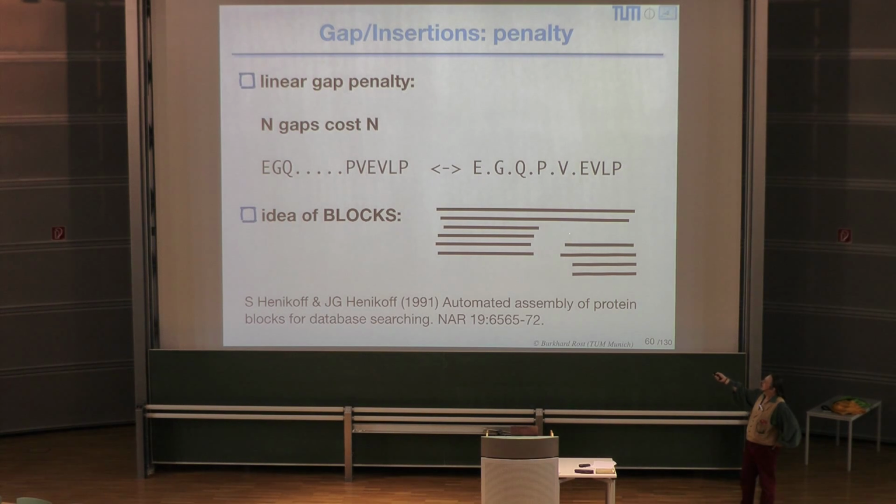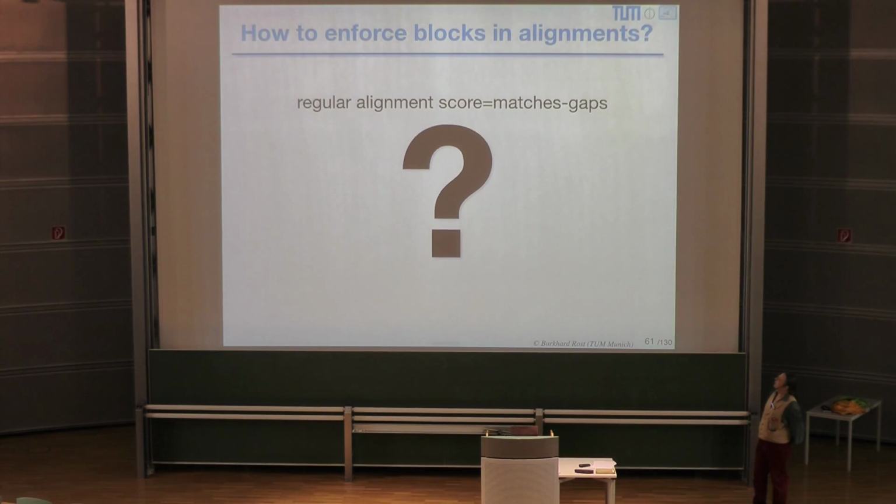You have a region here that is aligned, a region here that is aligned, and in between a gap, and this in fact looks like you have 2 domains, domain 1, domain 2. In my 3rd lecture, I used that to dissect domains. The idea of the blocks is simply to look at alignments, find these blocks, and learn from them.